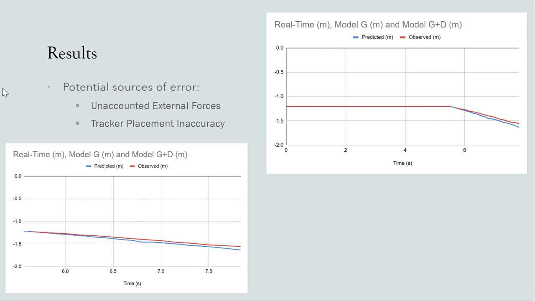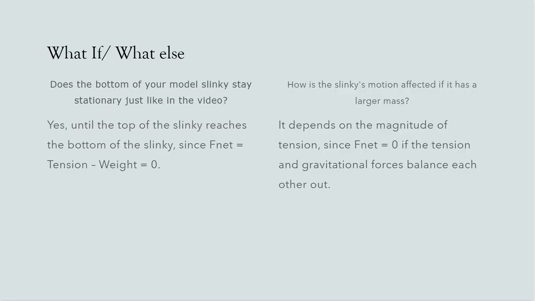Potential sources of error for this are that there could be unaccounted for external forces that are making the observed motion slightly higher than the predicted motion. And there's also Tracker placement inaccuracy on my part, because I don't have robot precision to place the point mass at every instance.